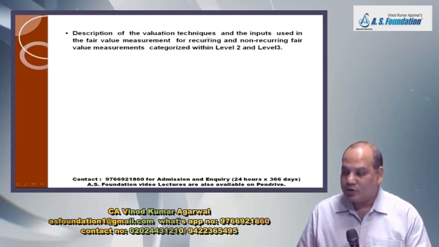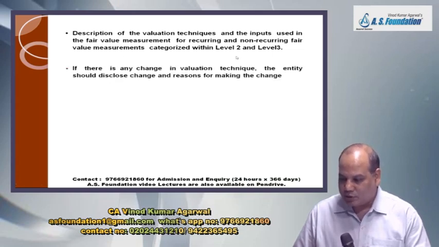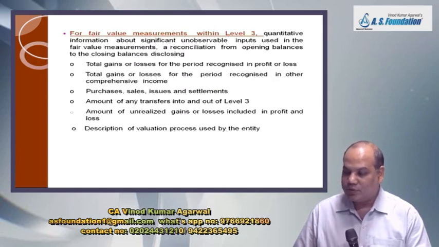Like you have done some problems today where you have used present value technique, you have used multiple techniques, and the inputs used in the fair value measurement for recurring and non-recurring fair value measurement categorized within level 2 and level 3. If there is any change in valuation technique, the entity should disclose the change and the reasons for making the change.